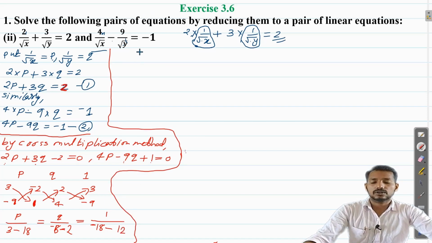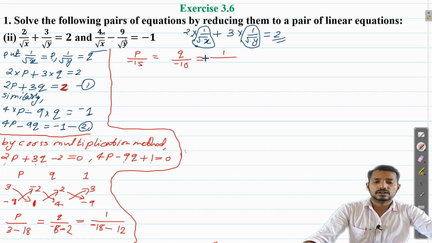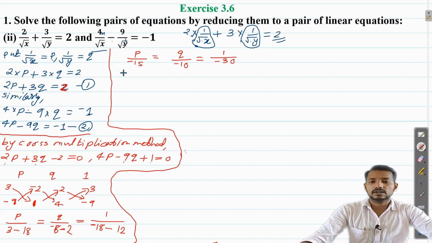So now we have these terms. Comparing, P divided by 3 minus 18 is minus 15, am I right? Which is equal to Q divided by, what is minus 8 minus 2, that is minus 10, which is equal to 1 divided by minus 18 minus 12 is minus 30.